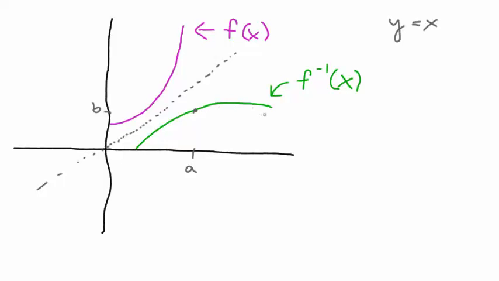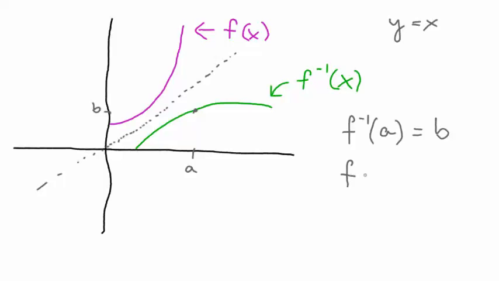Now this is the inverse function, and this is the way this works. If you plug a into the inverse of f, then we get, obviously, b out.